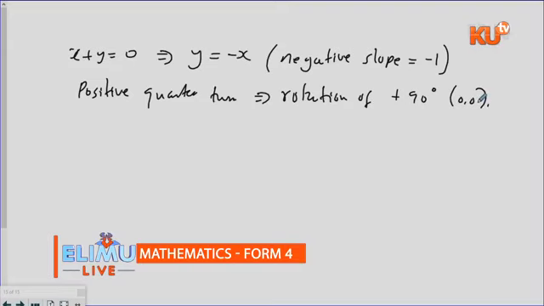In rotation, we employ this relation: R alpha, where R is for rotation, is cos alpha, negative sine alpha, then sine alpha, cos alpha.